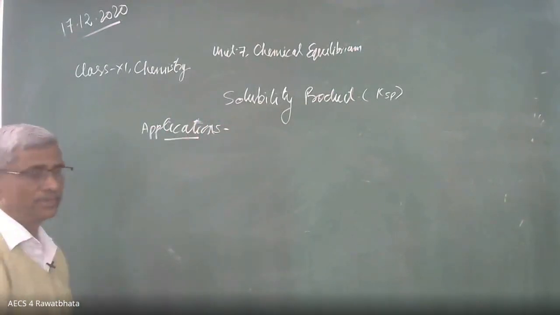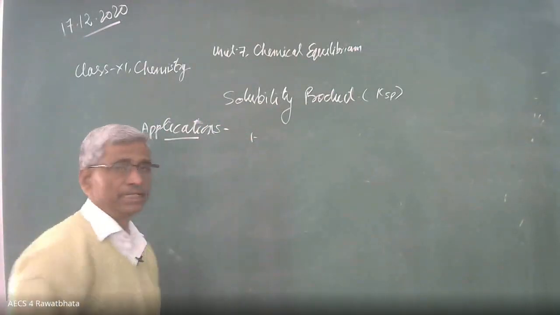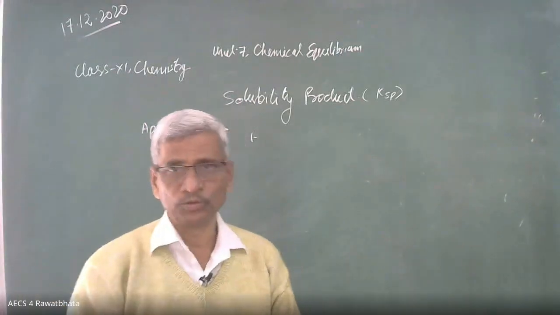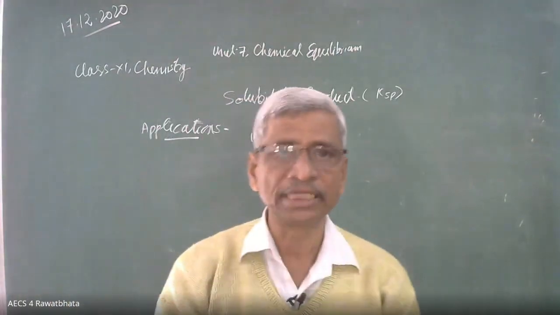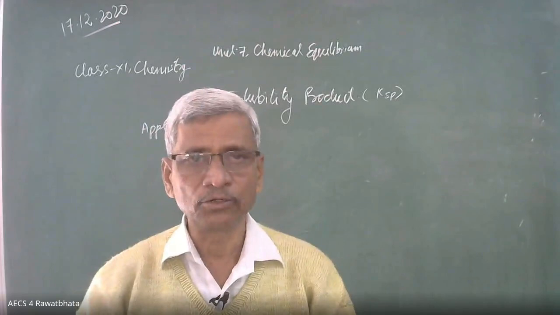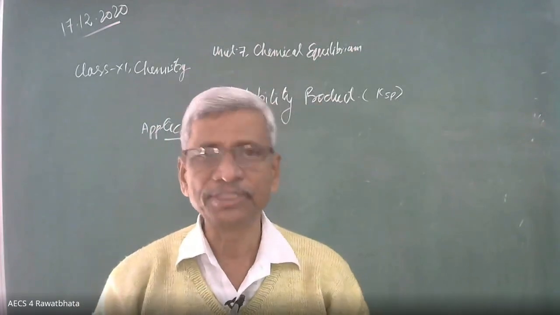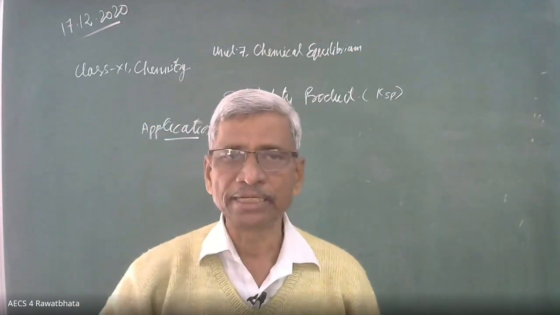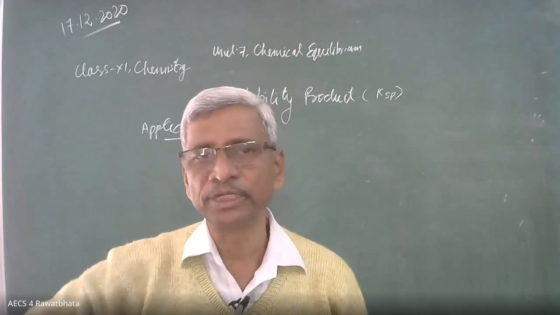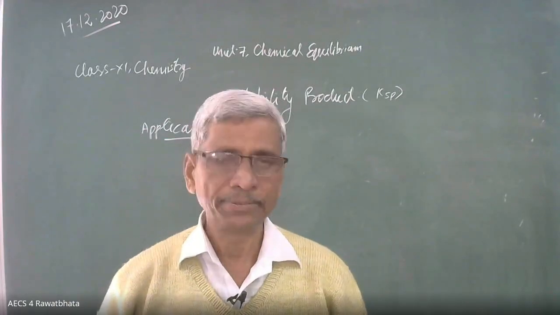Applications. One application is, if Ksp is known, Ksp is a constant value for all the salts at room temperature. It varies with temperature. If we increase the temperature, the value of Ksp is going to increase. It depends on temperature.